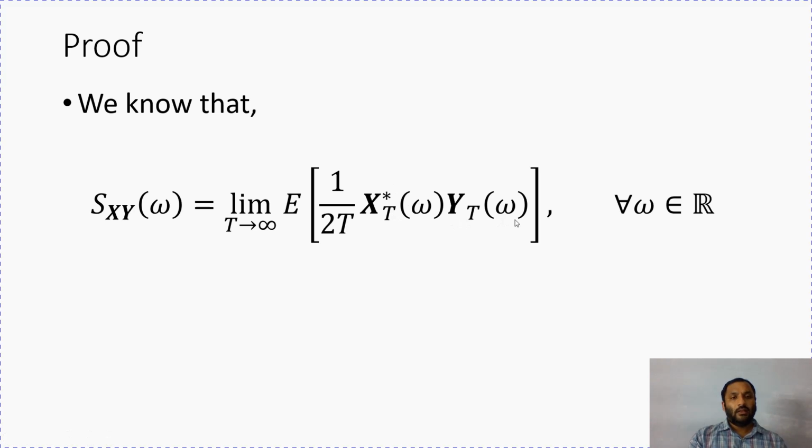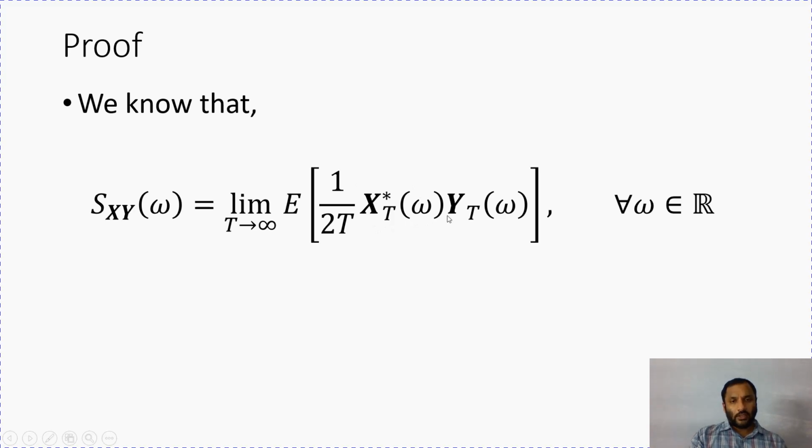Now here, what are capital X and capital Y? These are not the random processes. This is a slight difference, because this is a function of omega, so it is some kind of Fourier spectrum.